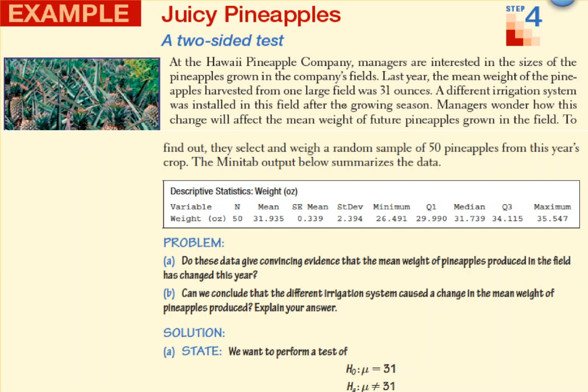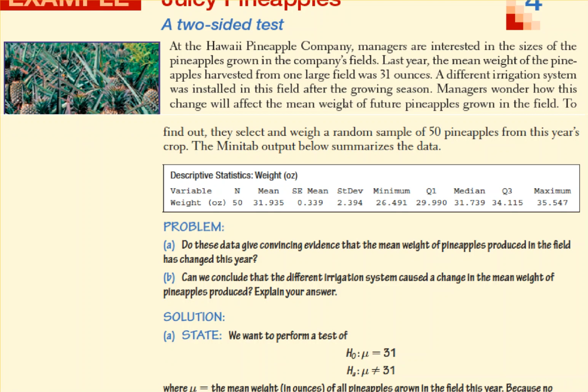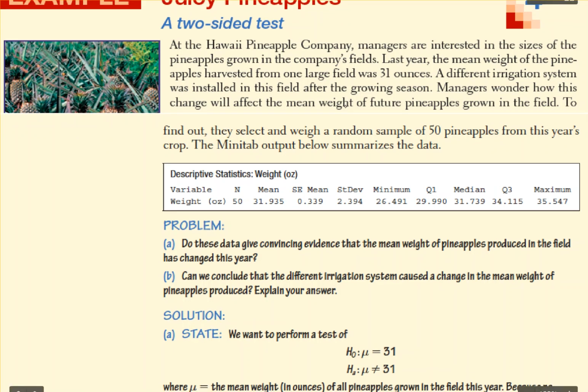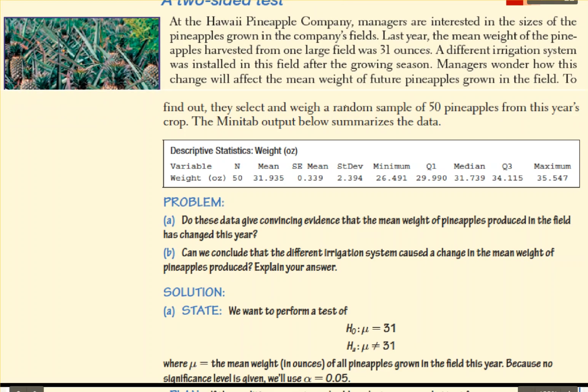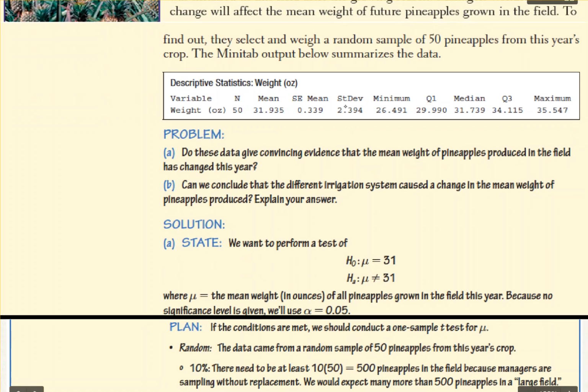So here we have our information. We found the new mean is 31.935, with the standard deviation and everything like that. So let's go ahead and figure out whether we have convincing evidence or not. So let's use alpha equals 0.05. And again, you get to pick, but alpha equals 0.05 is a good spot to start.